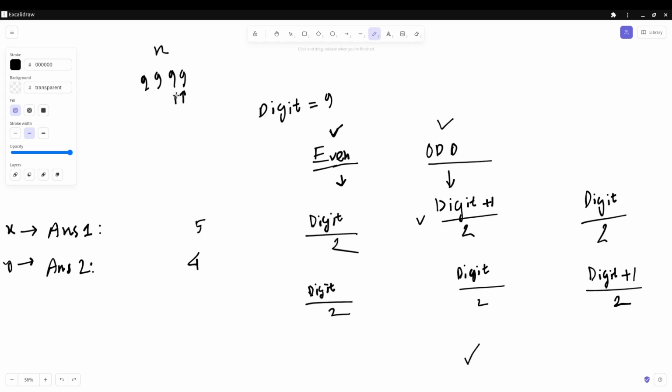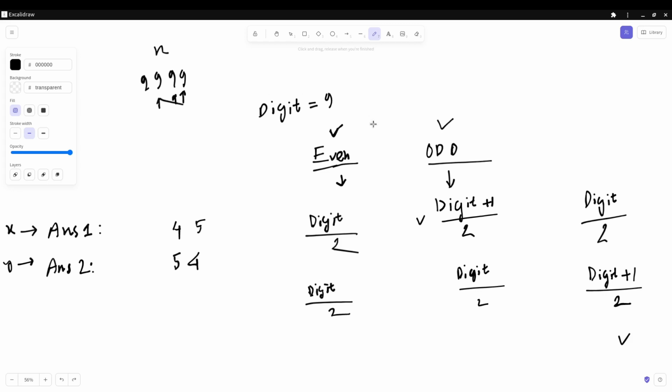Again we extract the digit, which is 9, and this time we do not choose this formula. This time we choose the second formula: digit by 2 for x and digit plus 1 divided by 2 for y. So 9 by 2 is 4 and 9 plus 1 divided by 2 is 5.